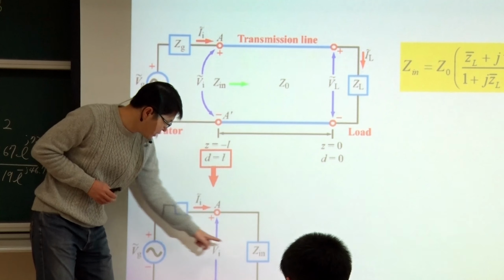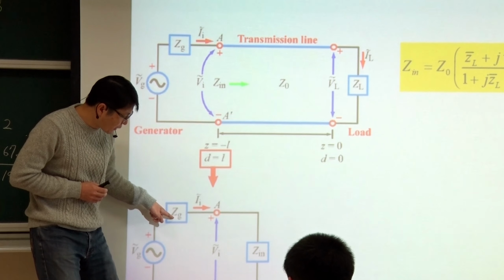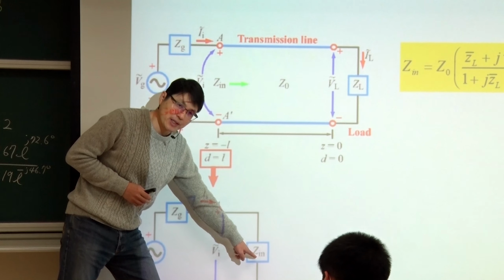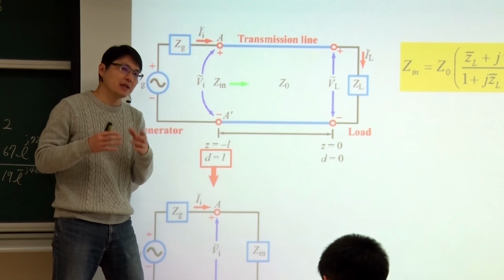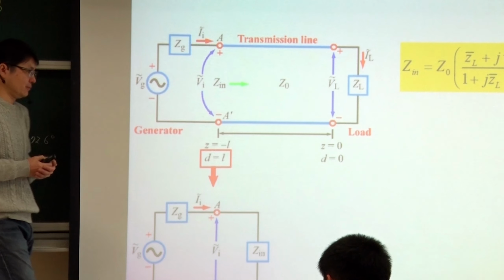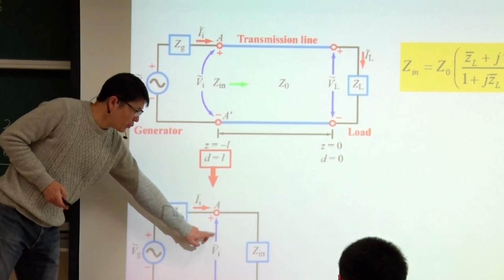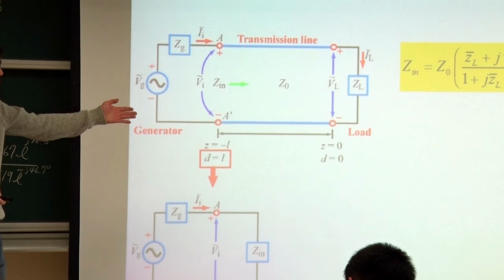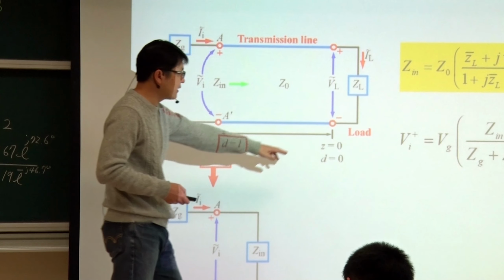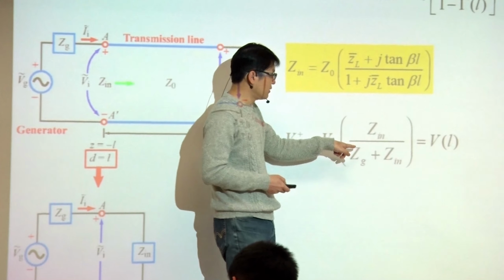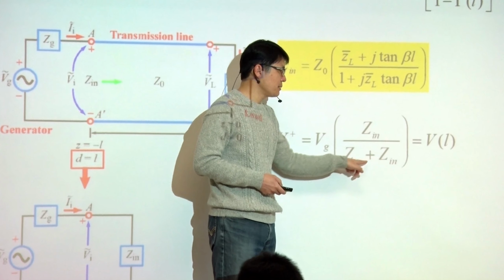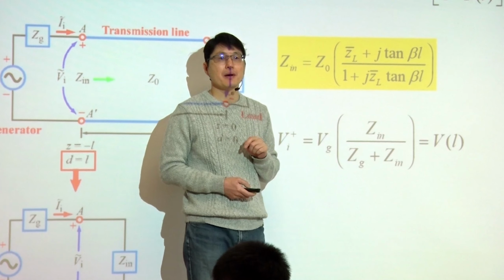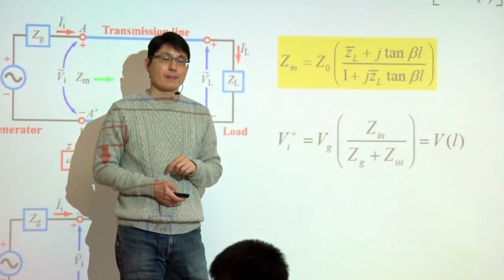Okay? So the generator intrinsic impedance is connected in series with the input impedance. So do you know what this voltage is? The voltage division rule tells you this Vi is Zin divided by the sum of Zin and the generator impedance, and then multiplied by the generator voltage.